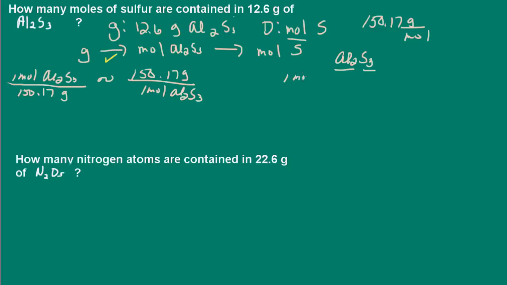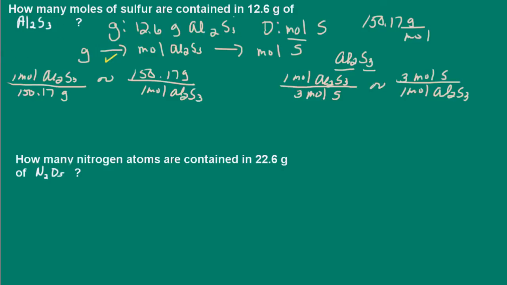So 1 mole of aluminum sulfide contains 3 moles of sulfur, or 3 moles of sulfur in 1 mole of aluminum sulfide. Again, it's these subscripts that give you the number of moles of each atom in 1 mole of the compound. So we're all set.